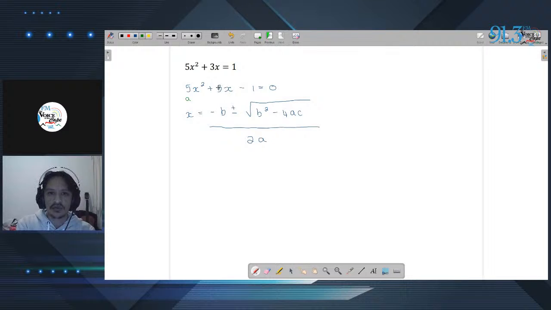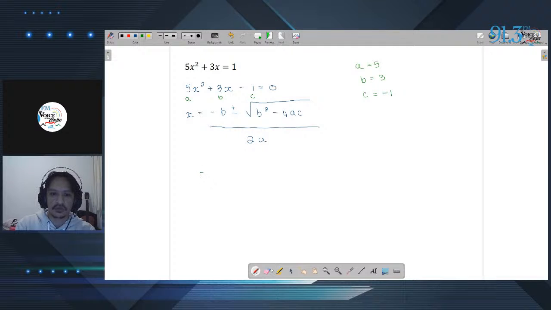For the x value, the coefficient there is b. And for the constant, this is c. But now remember to take your operators into consideration. So we can state a is equal to 5, b is equal to 3, and c is equal to negative 1. And all we do is we directly substitute this information into this formula, and we can solve for x.